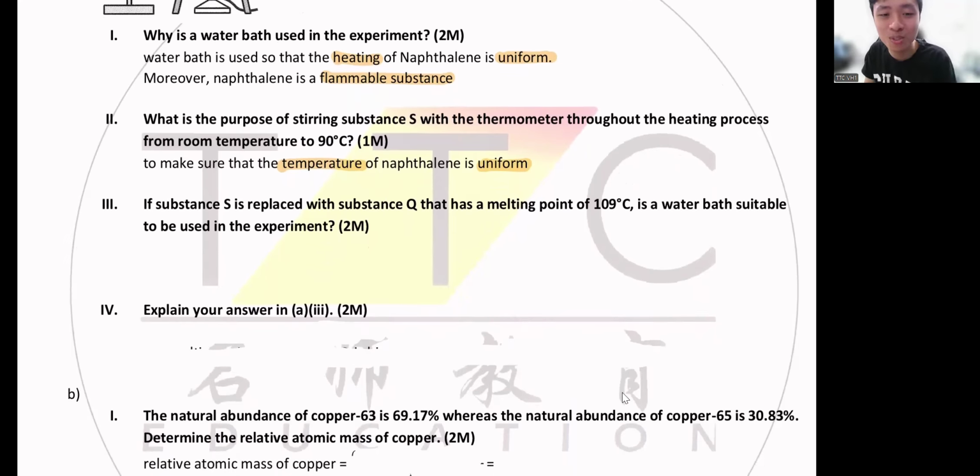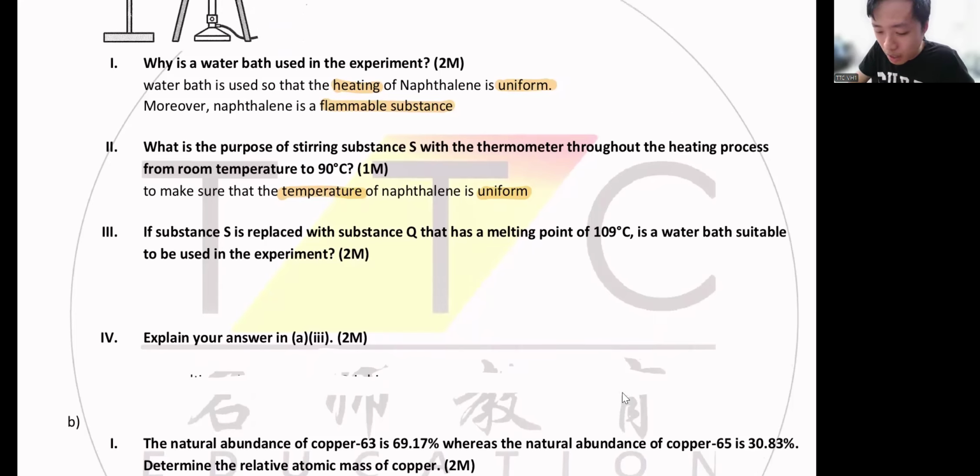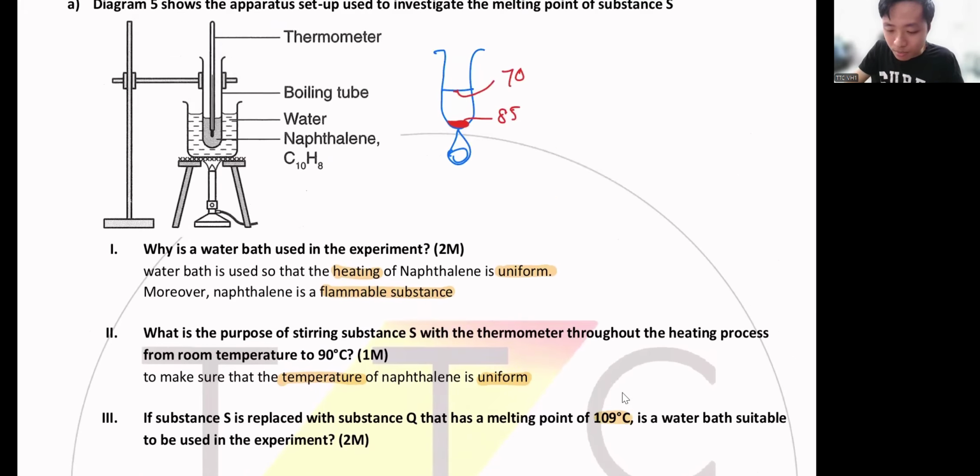Okay, so if substance S is replaced with substance Q that has a melting point of 109, is water bath suitable to be used in the experiment? Okay, so in this case, what is the boiling point of water?